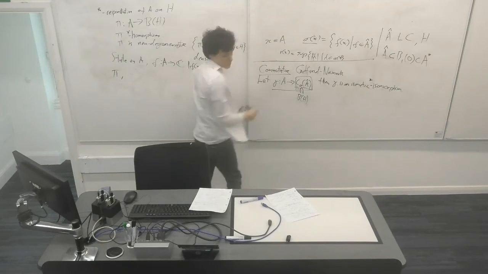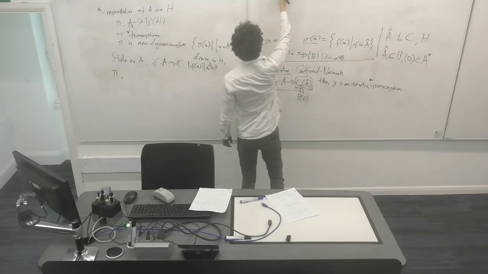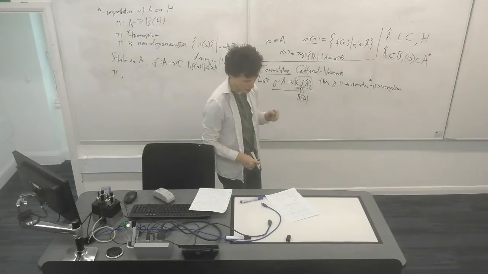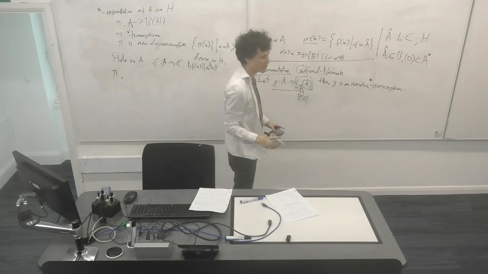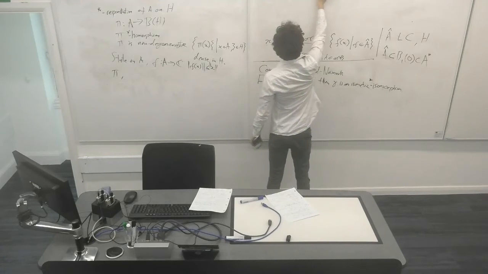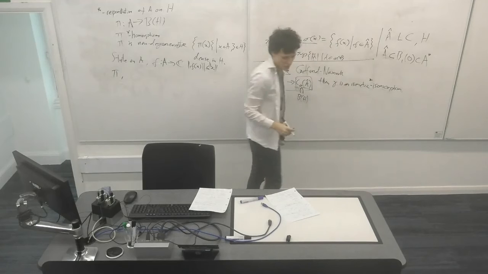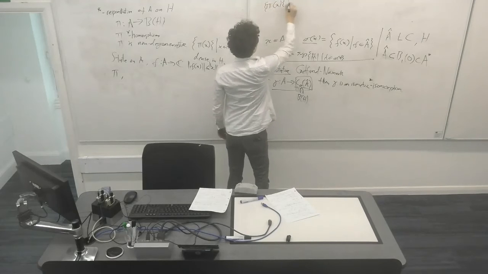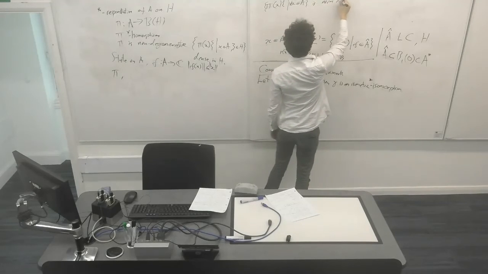So given pi, our representation, take some psi in H. This psi is called a cyclic vector if pi of x applied to psi, for all x in A, is what's known as norm dense.